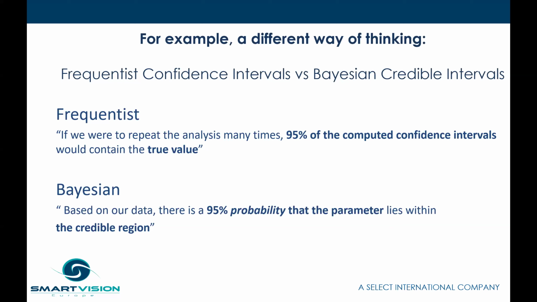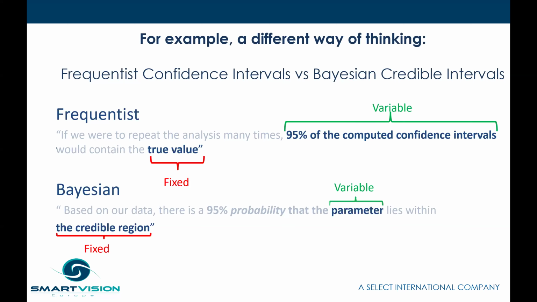We can also push this further and take it apart and see how the Bayesian approach turns the frequentist approach on its head. Because in the frequentist approach, the thing which is variable is the confidence intervals. What the frequentist approach says is don't get hung up on these confidence intervals, because if you rerun this analysis, you'll get different confidence intervals.